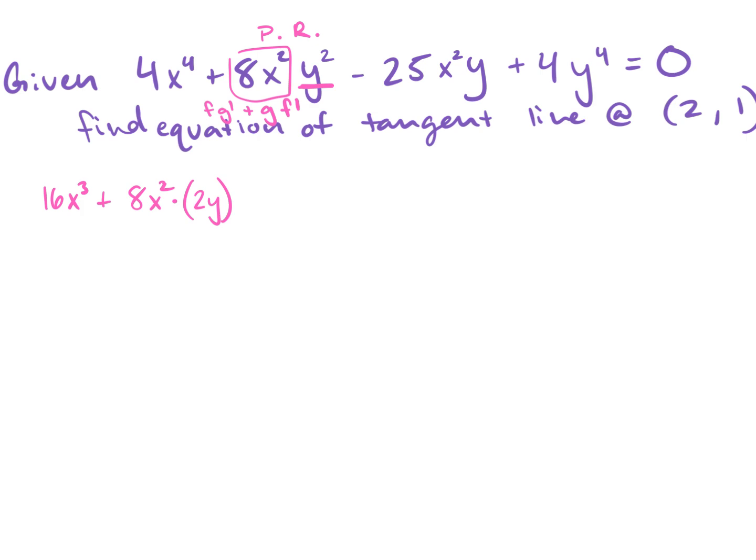What are we missing? dy/dx. Anytime we take the derivative of y, we need dy/dx. Plus the second, y squared, times the derivative of the first. What's the derivative of 8x squared? 16x. Perfect.